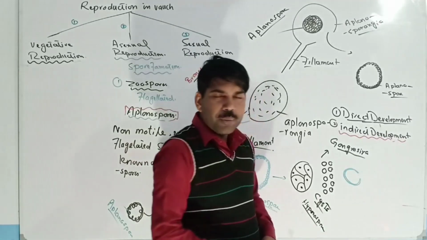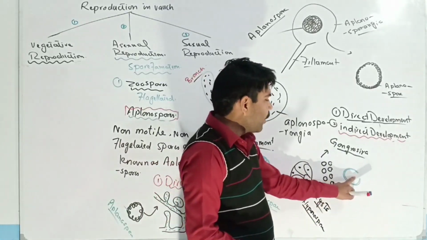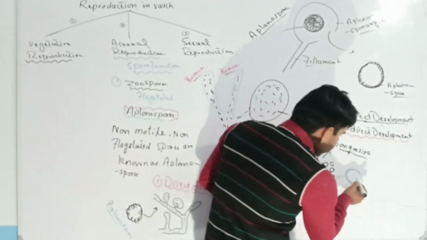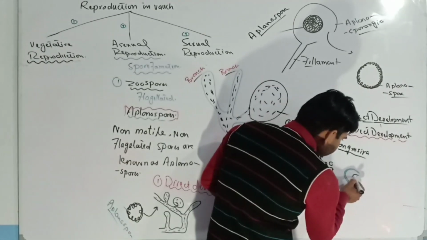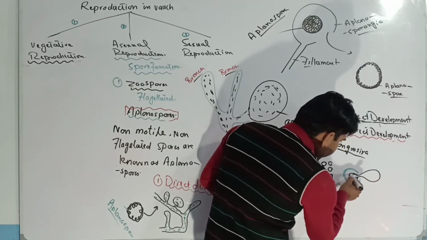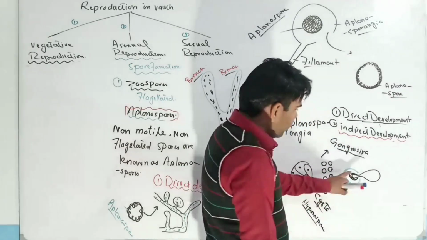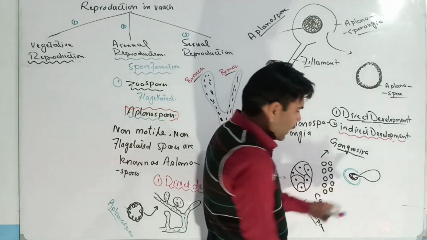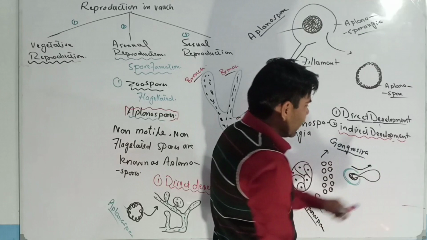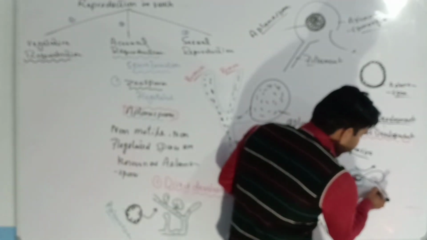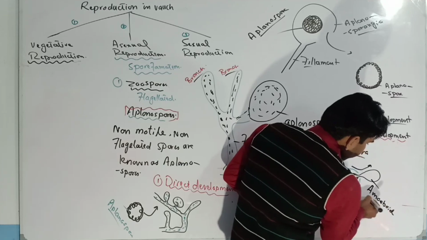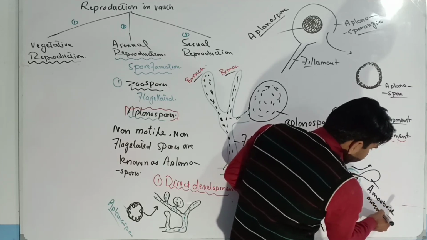So this is a protoplast and now it is moving from this cyst, from inside to outside, with the help of a movement known as amoeboid movement.